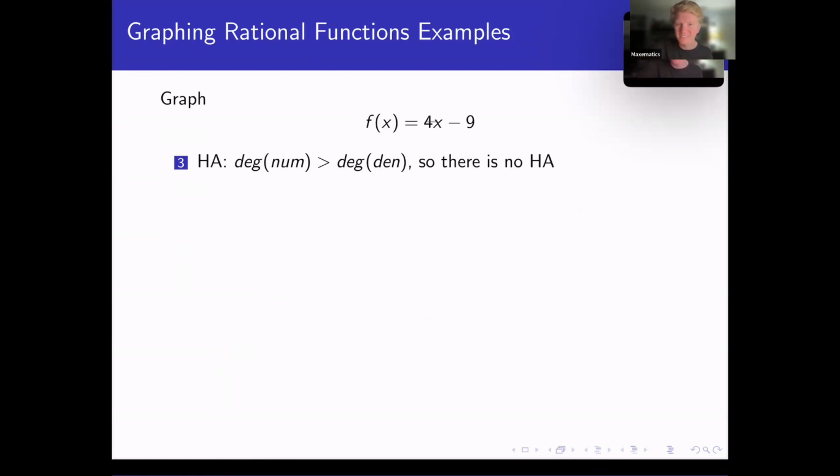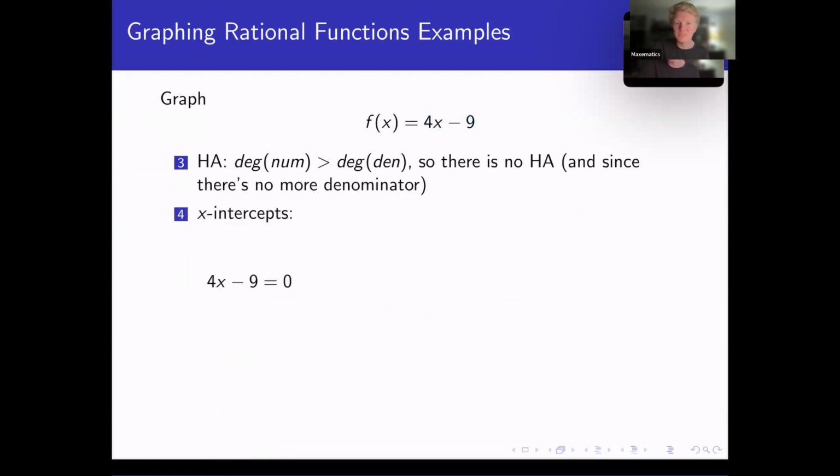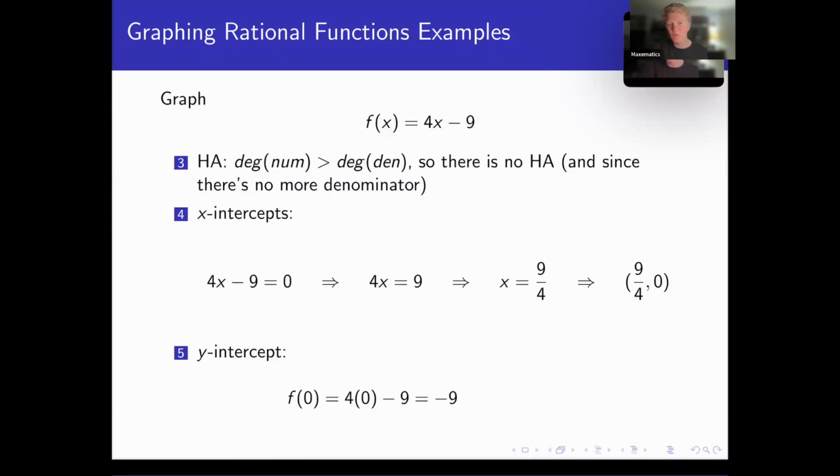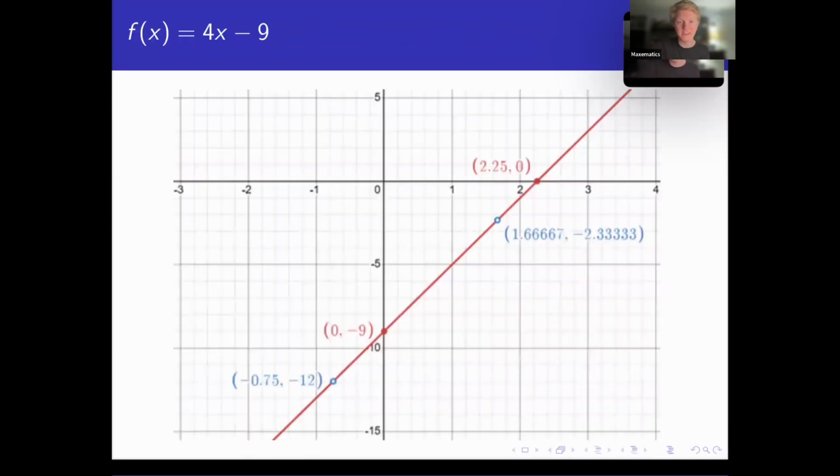And we knew that this is a line, so lines don't have horizontal asymptotes. X-intercepts, set the whole thing equal to 0, add 9, divide by 4, we get 9/4 comma 0, and y-intercept, set x equal to 0, well, we just get 0 comma -9. So kind of an interesting looking function when we do that.